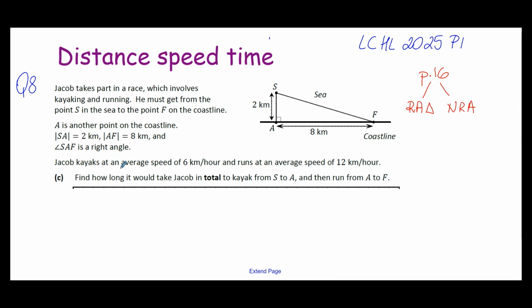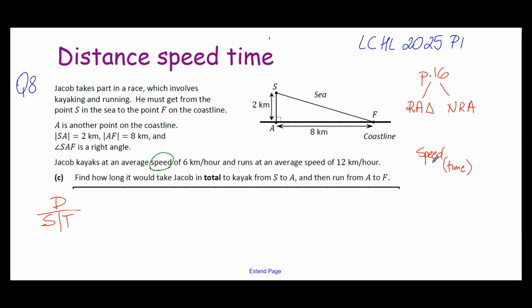Okay, Jacob kayaks at an average speed of 6 kilometers per hour and runs at an average speed of 12 kilometers per hour. Right, okay, so your trigger word, speed. In your exam, you're going to have only two types of situation when you see the word speed. Either you are thinking about formula that has to do with distance, speed, and time, or this is a function of speed and time, my variable.